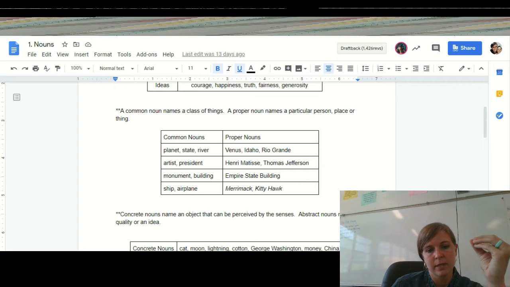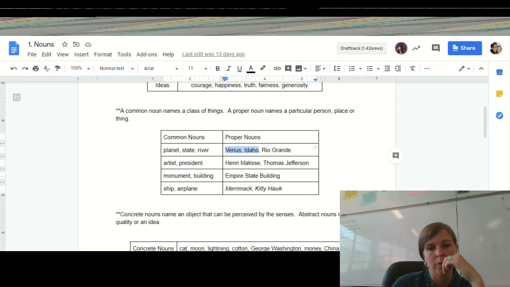Anything specific is specifying which building, so Empire State Building. Same thing when you think about schools. There are tons of Hamilton County schools in general, but when you name a specific school, it becomes a proper noun. And then you have ship, airplane as common nouns. Specify a ship and an airplane, you have those right there. Now, if you'll notice, the biggest difference between common noun versus proper noun is that the proper nouns are capitalized, okay? So that is an easy way to identify a proper noun because it is capitalized.